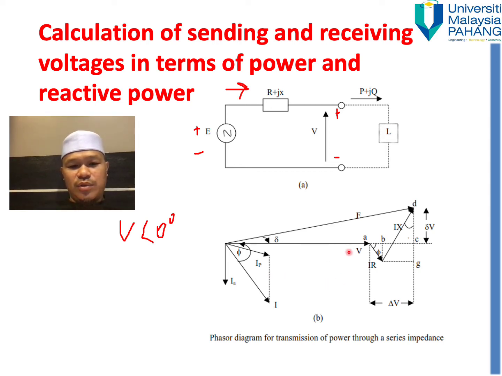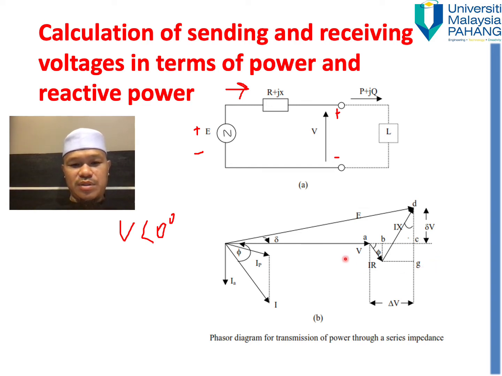And then the voltage drop equals IR plus jX. So this is your IR, and this one is IX, the drop across the impedance here. There are a lot of points here. We have A, B, C, D, and then we have G here.